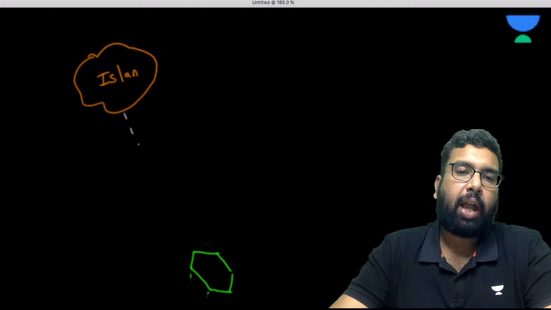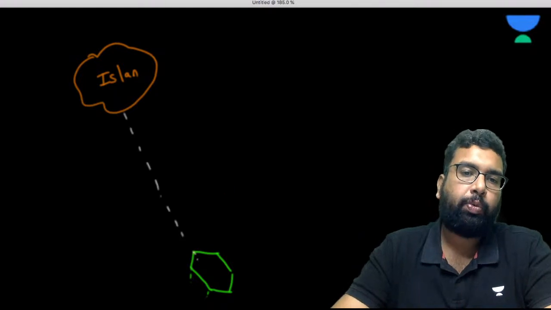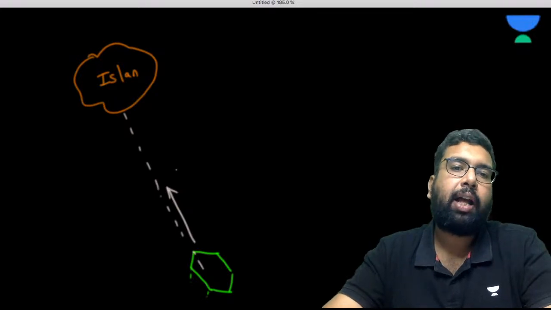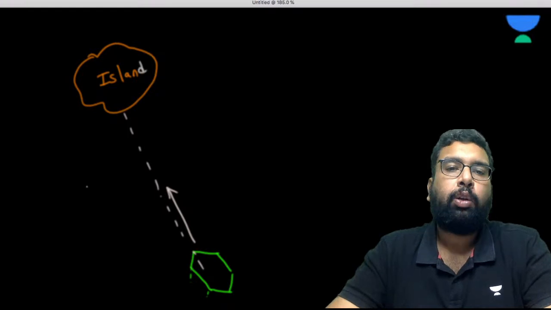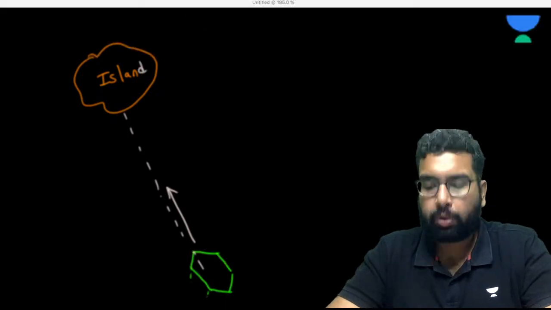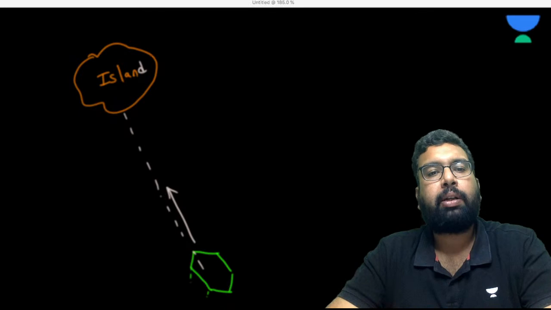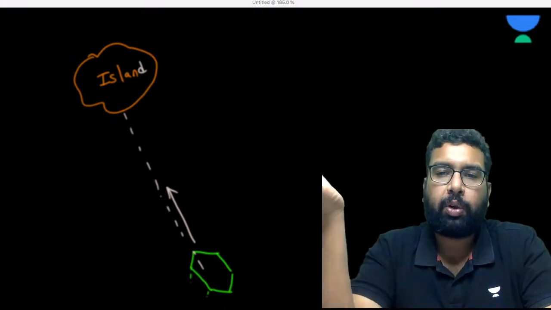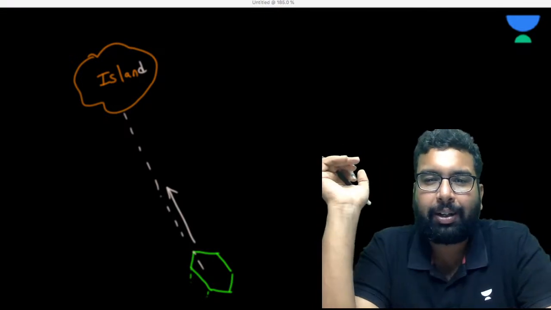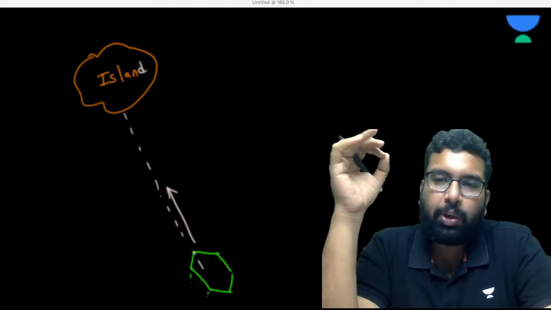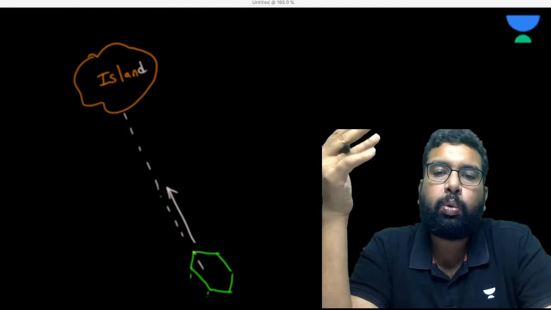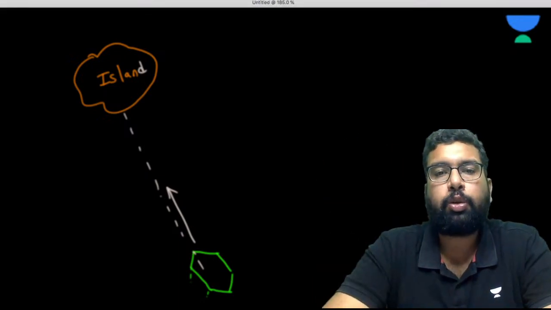When you follow this path, you will be rowing in this direction to reach the island. Do you understand that? This is what we call the shoreline. Sometimes it is also known as the coastline. Coastline, shoreline, these are all marine engineering terms, right? So shoreline is basically the route in which you must row your boat to reach the land, the shore.